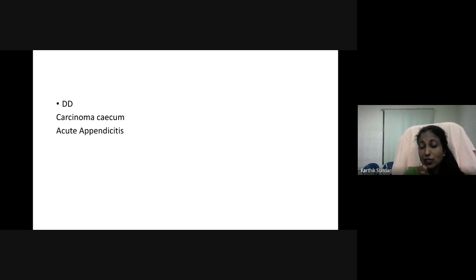The appendix will be edematous and it will become this size, a mass size. Your friends will come to the chat box with the answer for the appendicular mass. So what is this appendicular mass made of?